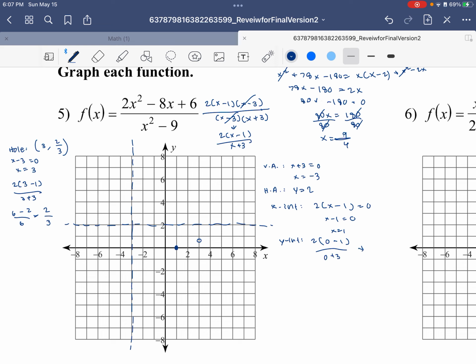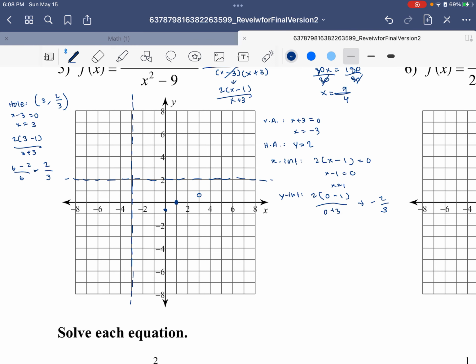And what you get is minus 2 over 3. So that's our y-intercept, which is like here. Oh wait, it's like here. Okay, knowing that, we can draw it now.